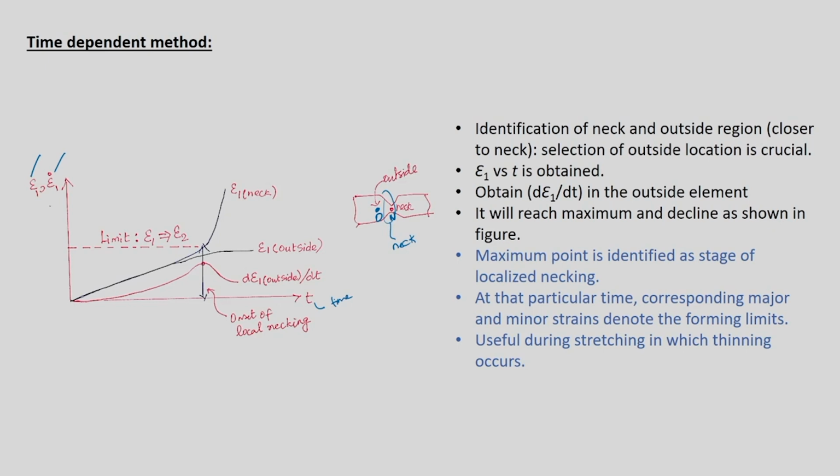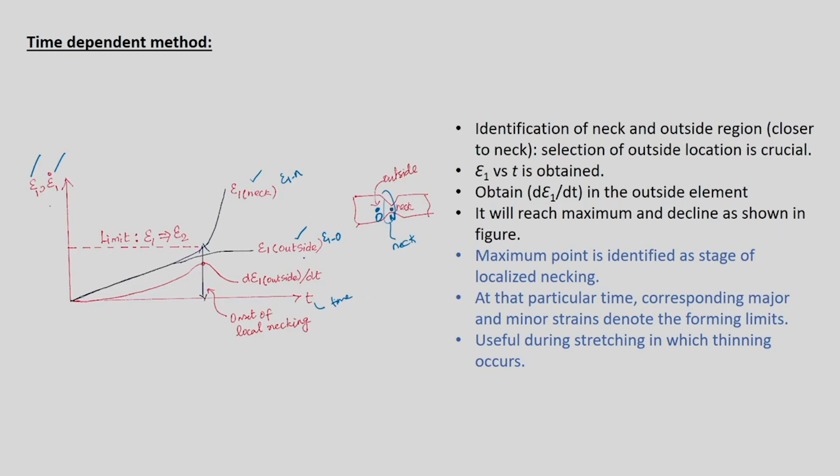So you will get two curves actually. These two curves are represented by epsilon 1 neck and epsilon 1 outside. You can call it epsilon 1 N, this is epsilon 1 O. That means epsilon 1 neck is nothing but how epsilon 1 changes with time in this particular neck zone.